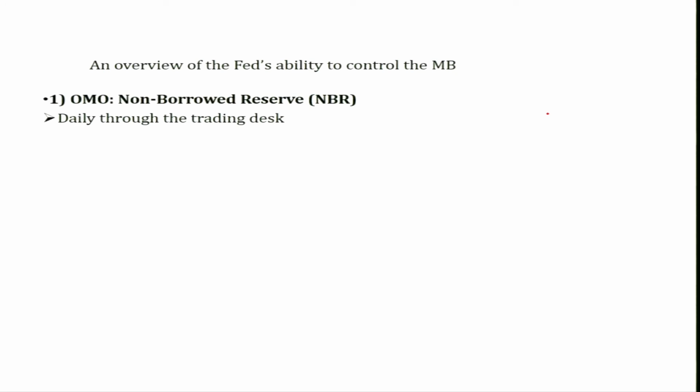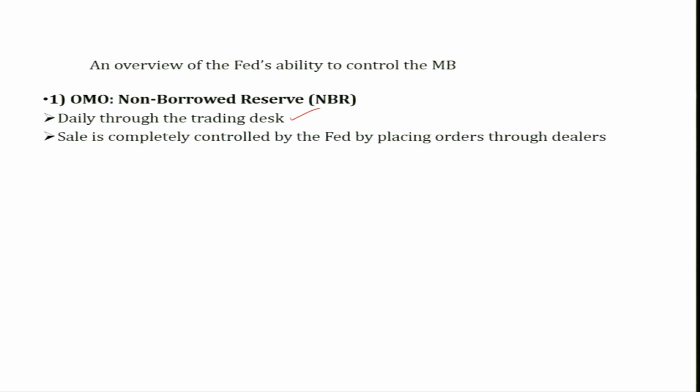How do they do it? Open market operations are carried out daily through the trading desk. Sales and purchases are completely controlled by the Fed by placing orders through dealers.